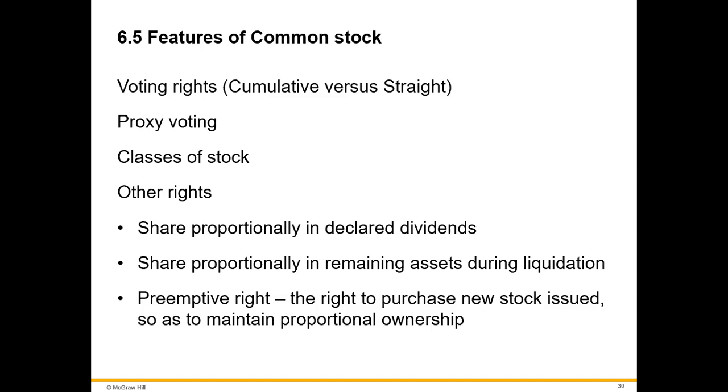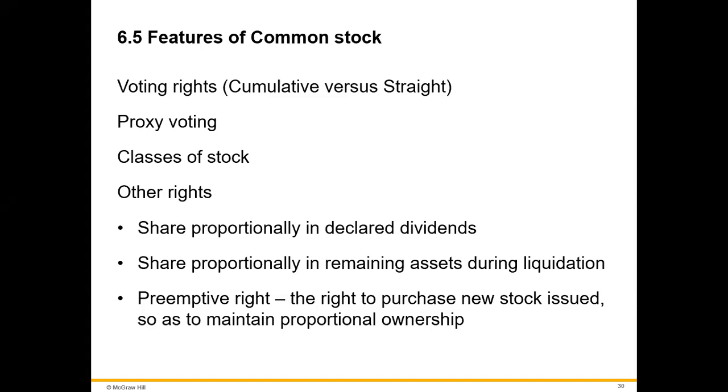Straight voting is, here's the number of votes, cast your votes. Okay, so it just depends on what the corporation decides to do, what's fair. Proxy voting is when one shareholder gives another, they give their right to vote to someone else, and that's allowed.